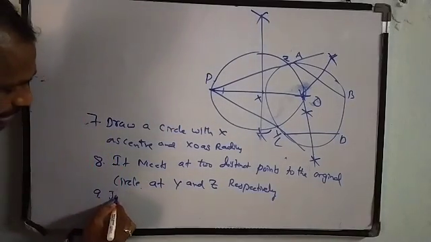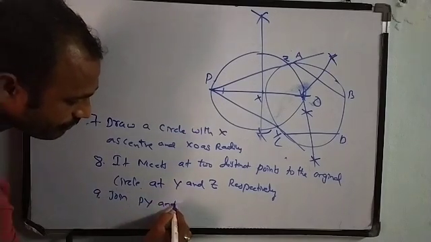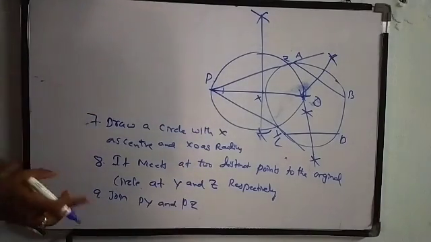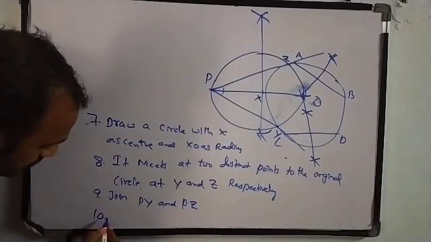Next, join PY and PZ. We have drawn the tangents to the circle from an external point.